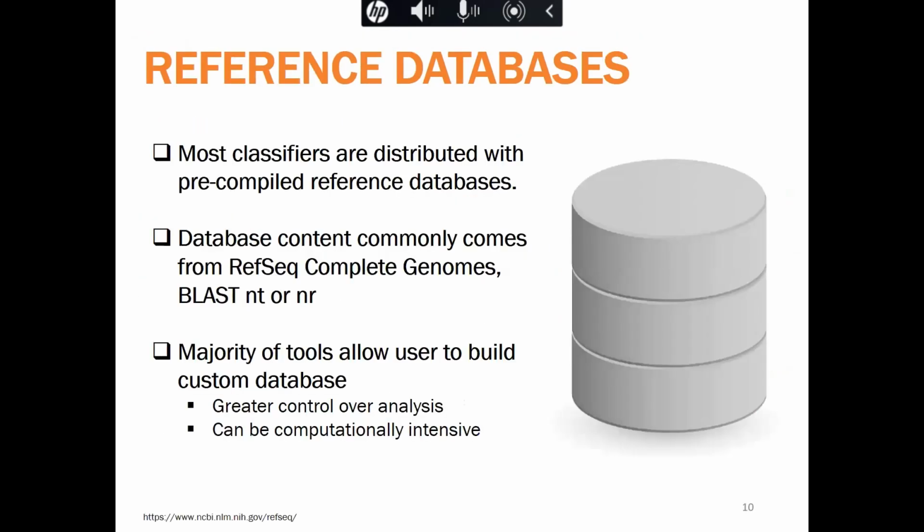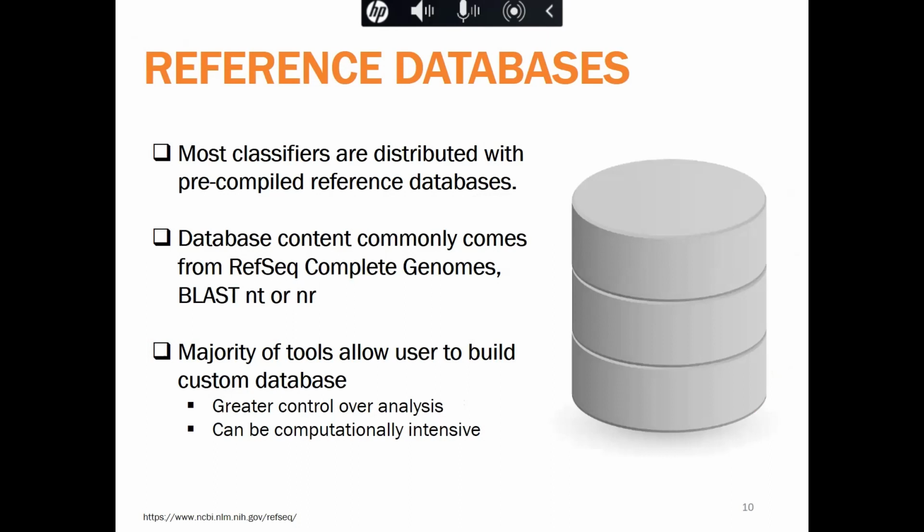Now, all classification software requires a pre-computed reference database that, of course, is based on previously sequenced microbial content. While most software is commonly distributed with pre-computed reference databases, the content of these databases tends to vary quite substantially.